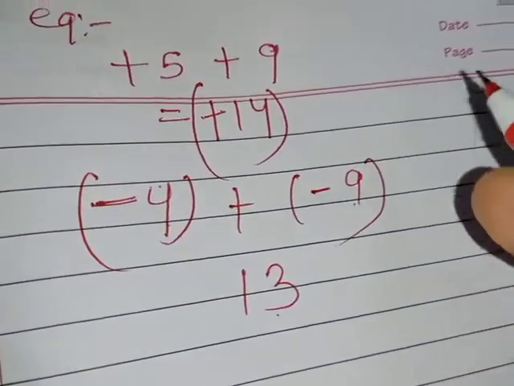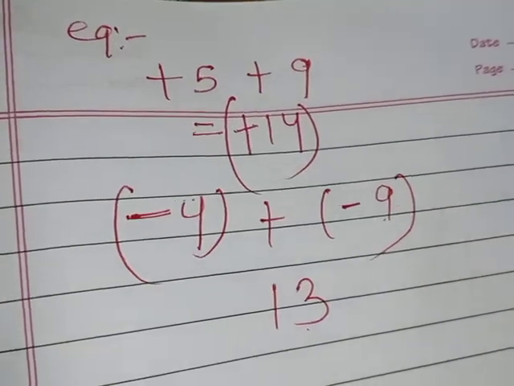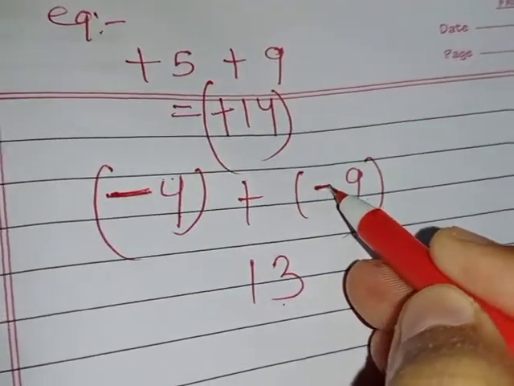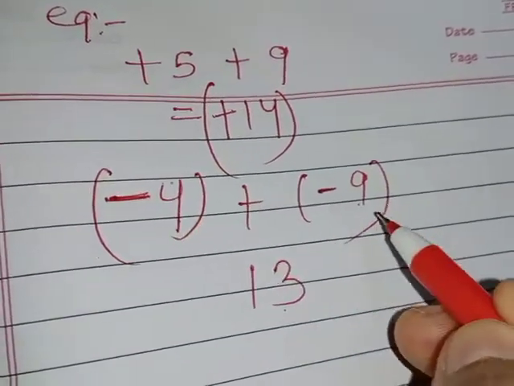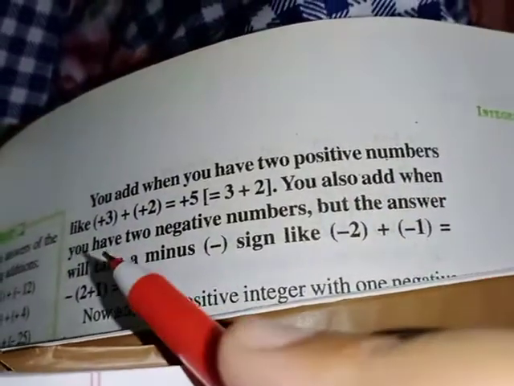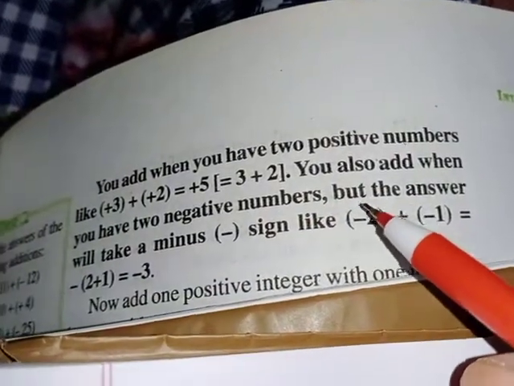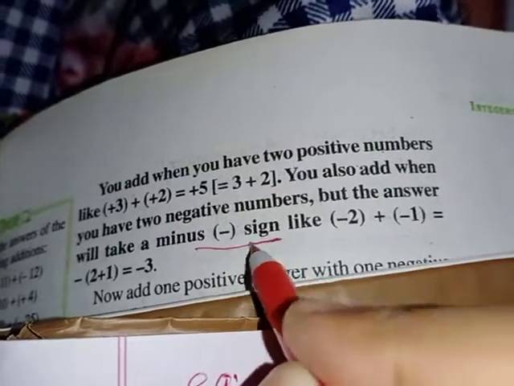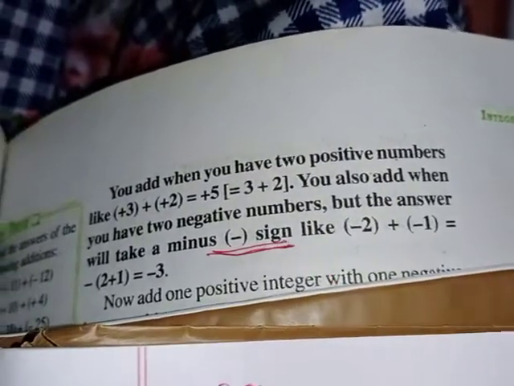This is your rule. Rule for integer says that when we have two negative integers, that time also we will add them. Clear? Then you see, you also add when you have two negative integers, but the answer will take a minus sign. This is the point which we have to note down.